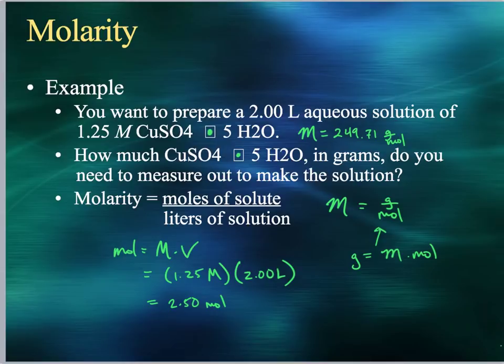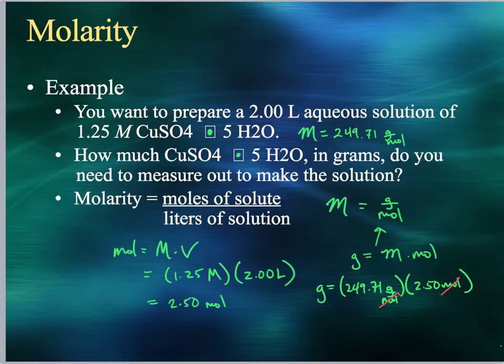So now I have everything that I need. I've got the moles here to plug in. I have the molar mass up here. So how much stuff do you have to weigh out? Well, molar mass is 249.71 grams over moles, times 2.50 moles. So notice my units of moles there are going to cancel.